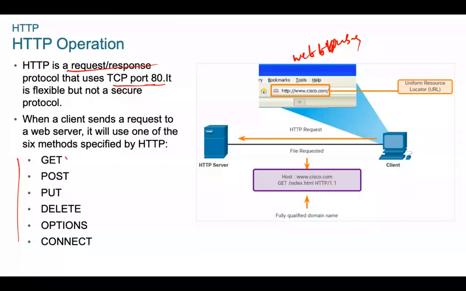They can use GET, POST, PUT, DELETE, and also OPTIONS and CONNECT. In the GET method, a client requests data. The client, that is the web browser, sends the GET message to the web server to request an HTML page.